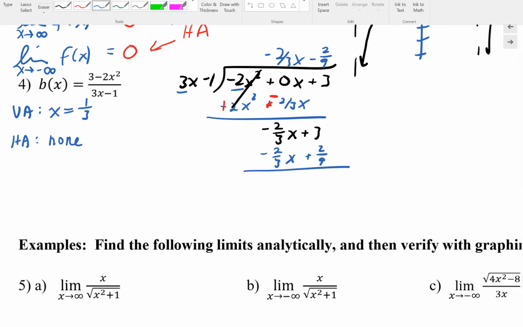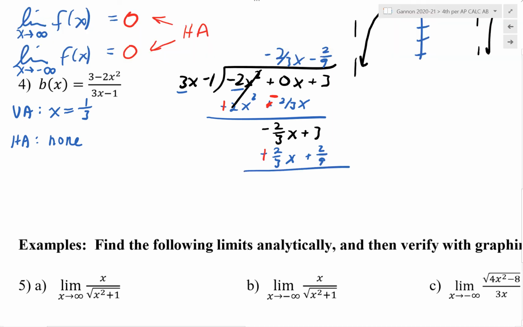You're subtracting those values, so that becomes plus, that becomes minus. To combine here, we would need a common denominator, so 9 times 3 is 27, minus 2, which is going to be 25/9. That's going to be the remainder, which is not all that important to us. So we have a slant asymptote at y equals negative 2/3 x minus 2/9.